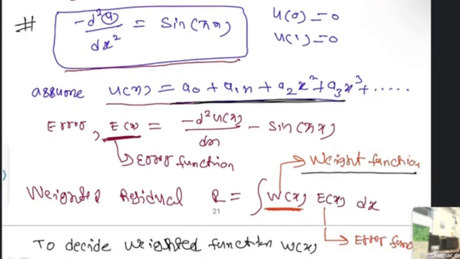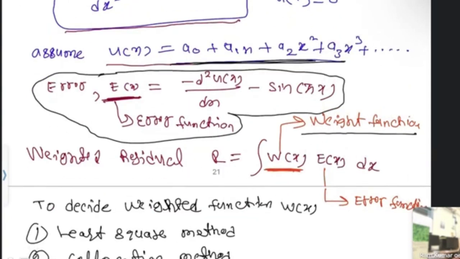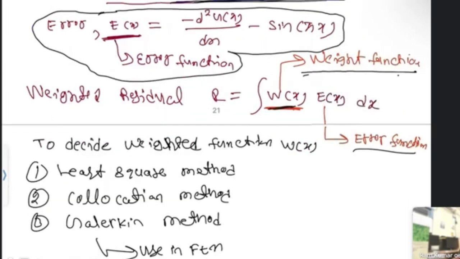This is the error I get while assuming u(x). The weighted residual says we have to minimize this error: the integral of w(x) e(x) dx, where w(x) is the weighted function and e(x) is the error function. To find the weighted function we have different methods: first least square, second collocation, third Galerkin.